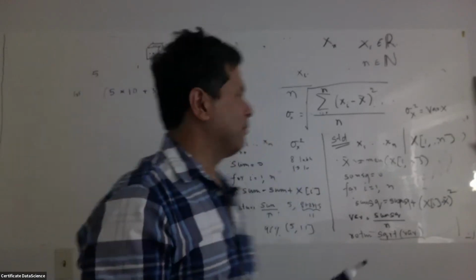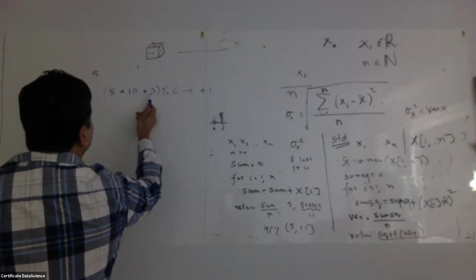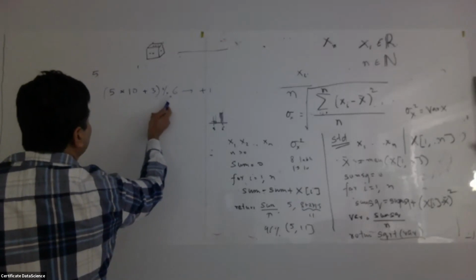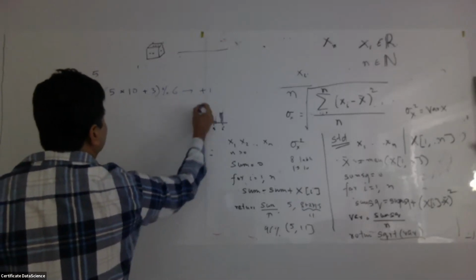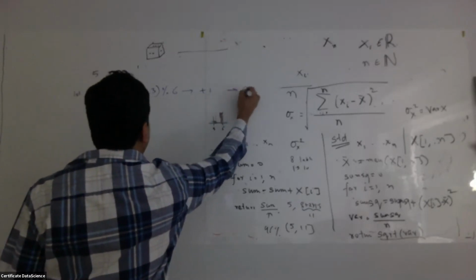In this case, 5 times 10, plus 3, is 53. Divided by 6, that leaves 5, and adding 1 gives you 6.